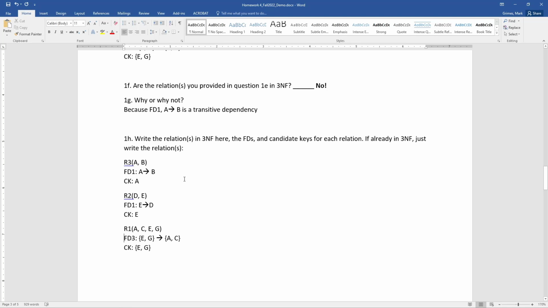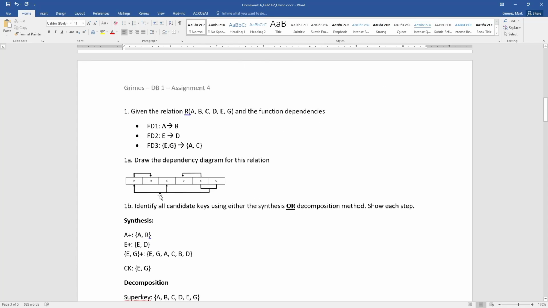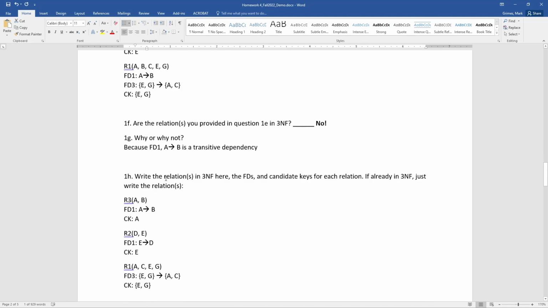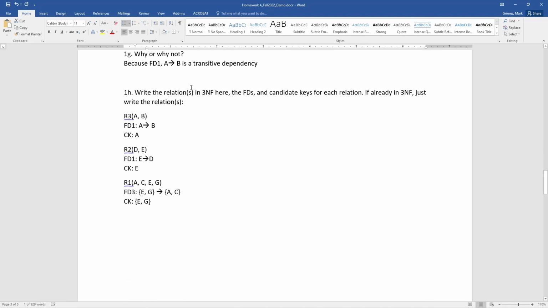So we have normalized this by taking what were two problematic functional dependencies: E determines D, which was a partial dependency, and A determines B, which was a transitive dependency, moving these attributes and their functional dependencies out to two new relations, leaving behind the determinants A and E so that we can recreate this through joins. Okay, so now we have three relations.